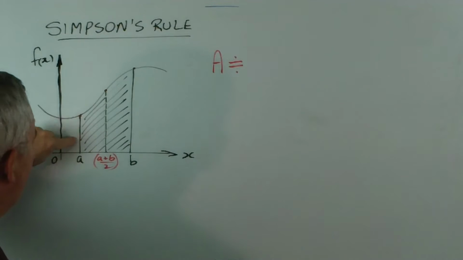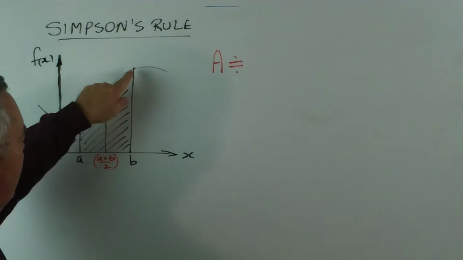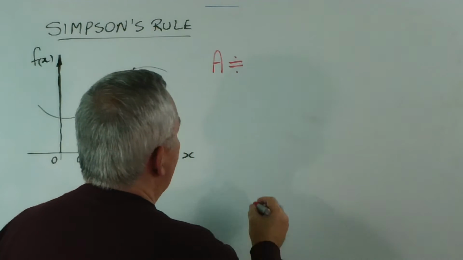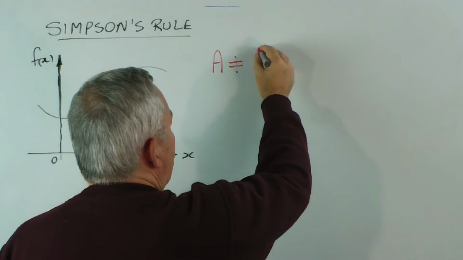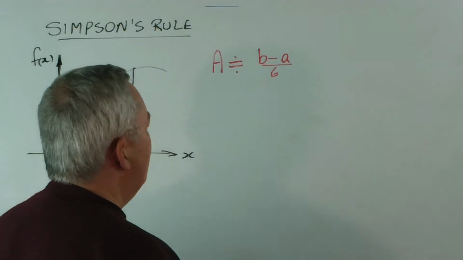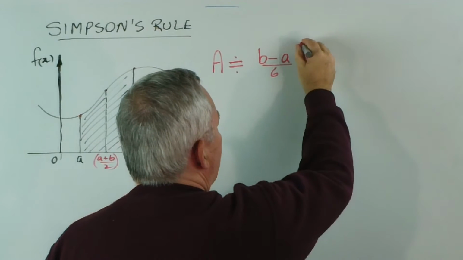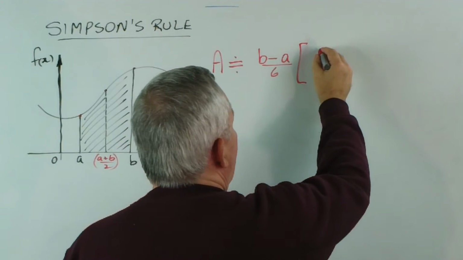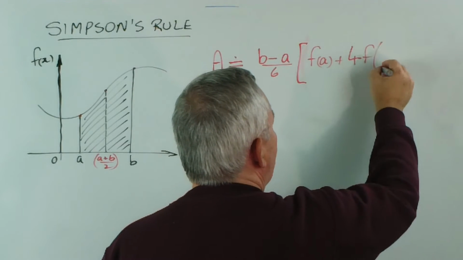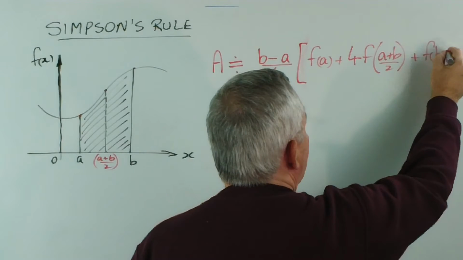And the ordinates, this will be the function value of A, this will be the function value of the average point, (A plus B) on 2, and this height, this ordinate here, will be the function value of B. And he worked this out, that the area will be approximately (B minus A) on 6 times, actually I really should use a bracket here rather than a brace, the function value at A plus 4 times the function value in the middle, (A plus B) on 2, and the function value at the end.